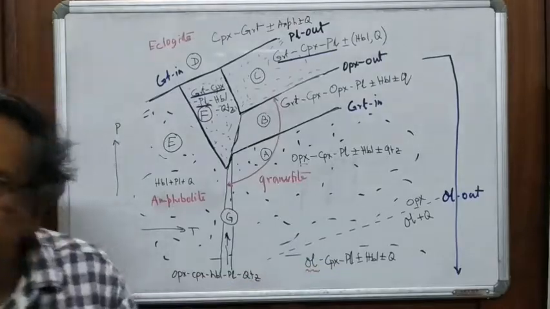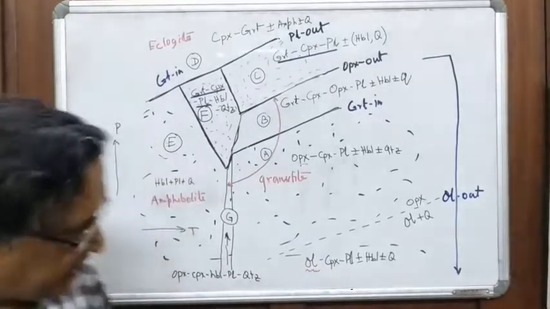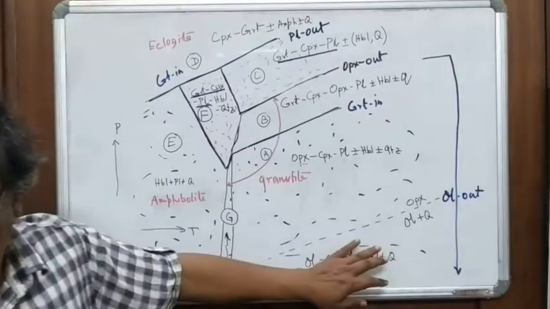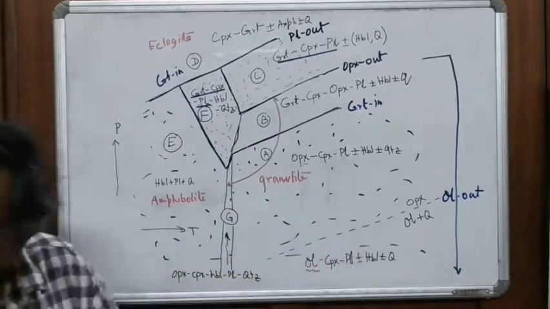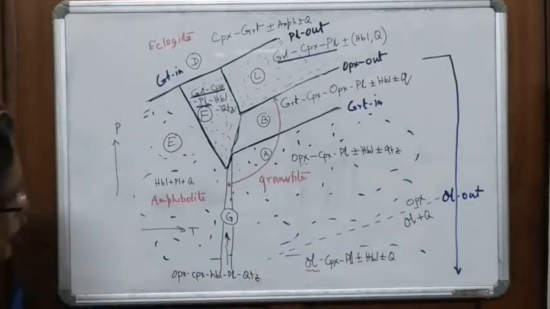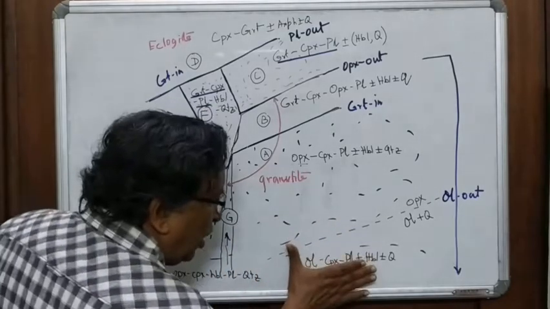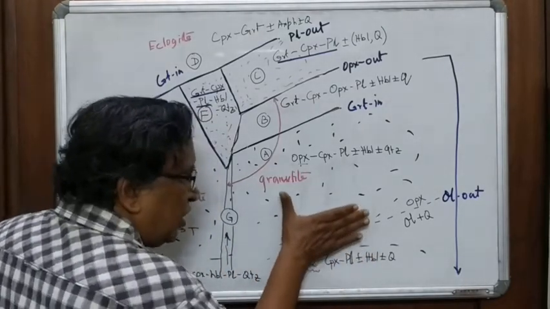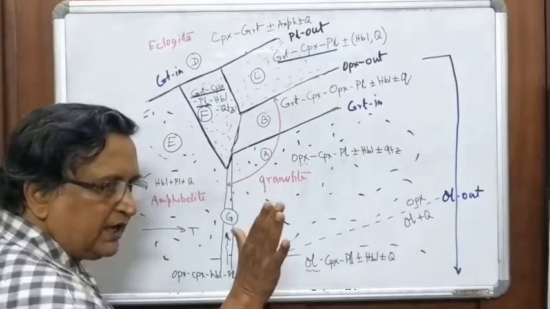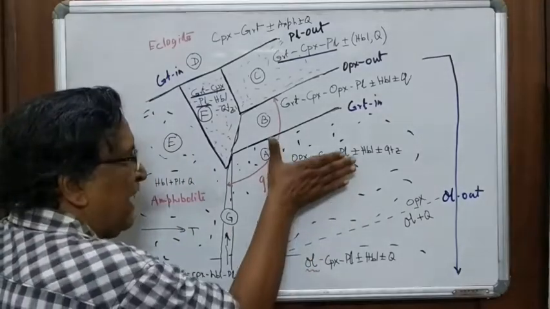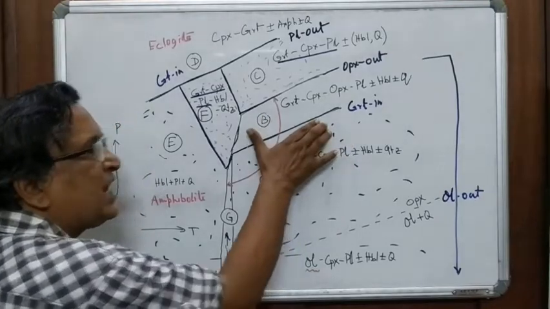But theoretically, since orthopyroxene is not stable, this is not in the granulite facies. But still, it's taken to be some sort of a granulite facies assemblage. So you have olivine bearing granulites, orthopyroxene granulites, but no garnet till now. As you move up pressure, garnet comes in.